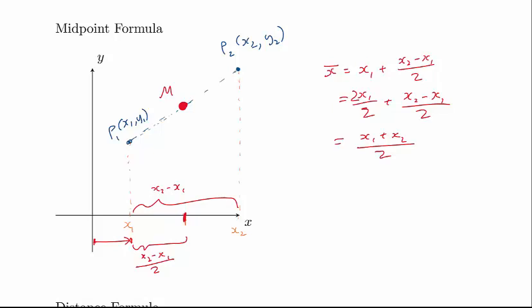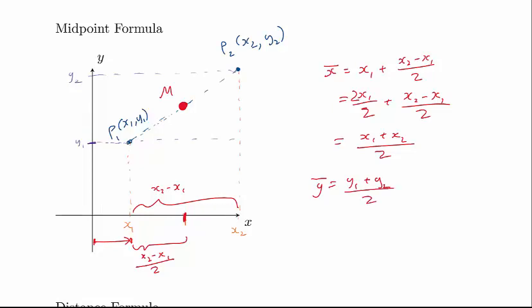Okay, so let's take a look at the other one. It's a slightly different color so you can see it better. Here's our y1 point, and there's our y2 point. So we want to find the midpoint for y. It's just going to be the same way we did the other one. That's y1 plus y2, divide the whole thing by 2.